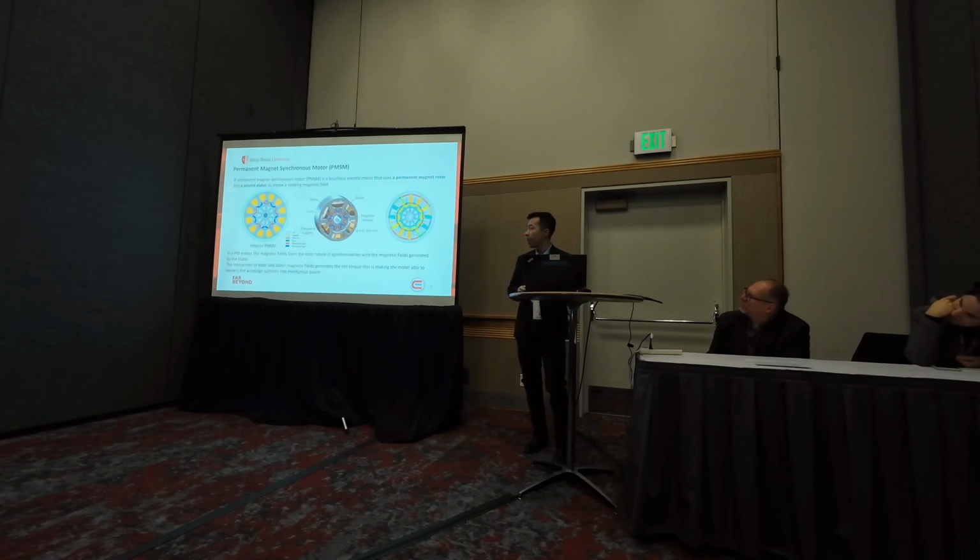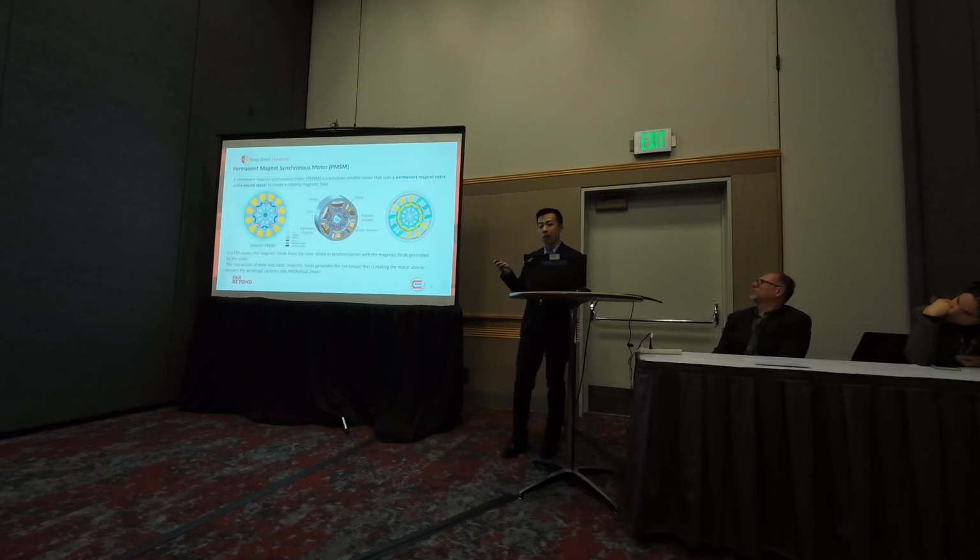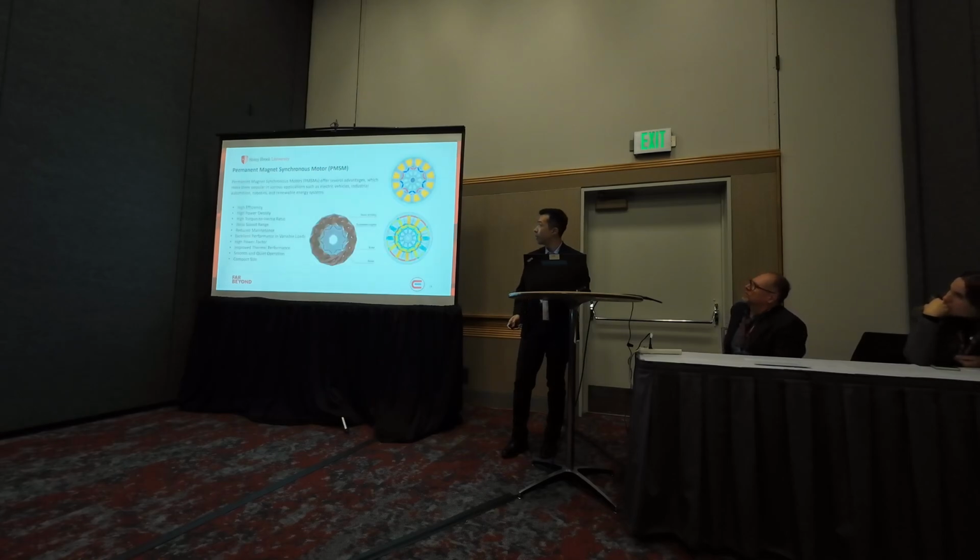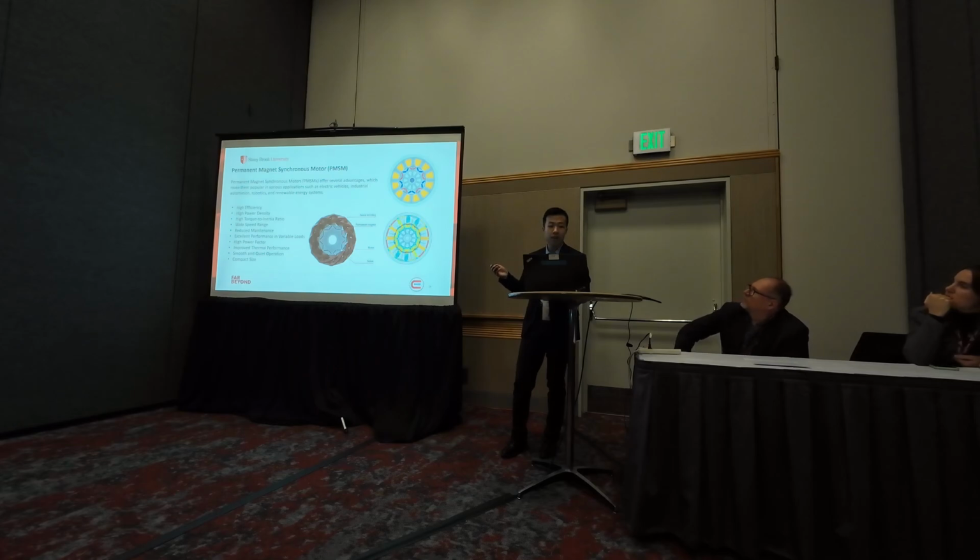The interaction of the rotor and stator magnetic fields generates the net torque, which converts winding currents into mechanical power. Permanent magnets offer several advantages, for example high efficiency, high power density, high torque-to-inertia ratio, wide speed range, and others. These make them popular in various applications such as electric vehicles, automation, soft robotics, and clean energy systems.